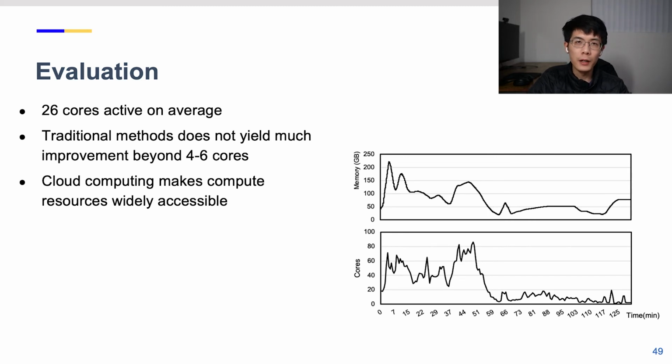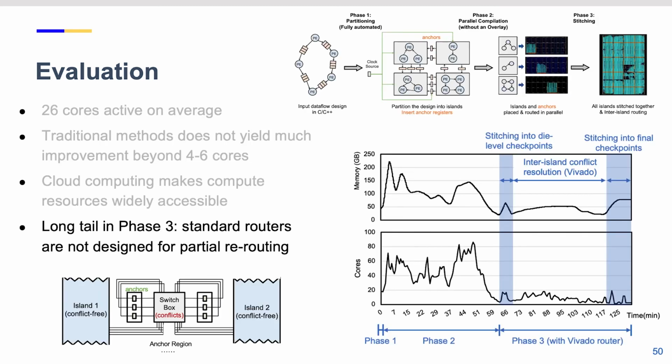Next, we profile the CPU and the memory utilization in the typical RapidStream flow. On average, we are able to keep about 26 cores busy, while a traditional RTL flow does not yield much speedup beyond using 4 to 6 cores. Note that there is a long tail issue with low CPU utilization in the figure.